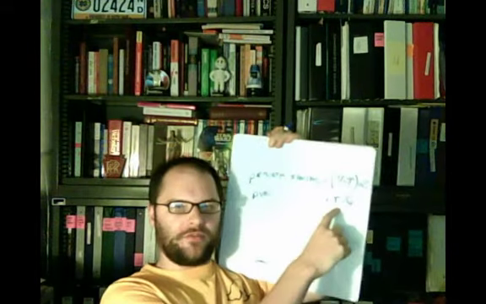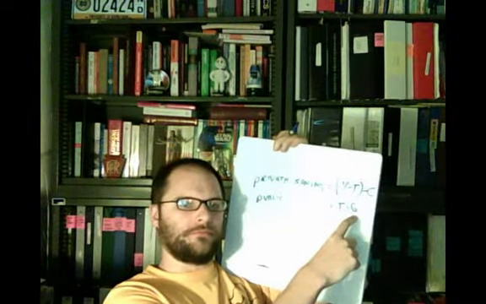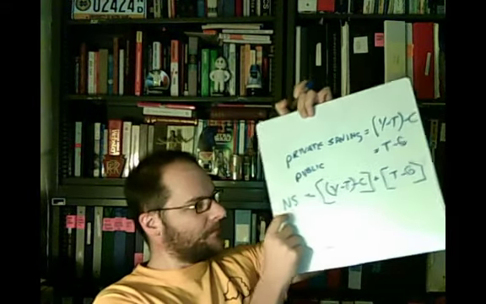Now for public saving, that would be equal to the amount of revenue the government brings in, that would be taxes, minus government expenditures. When we add both of these things up, we get something known as national savings.